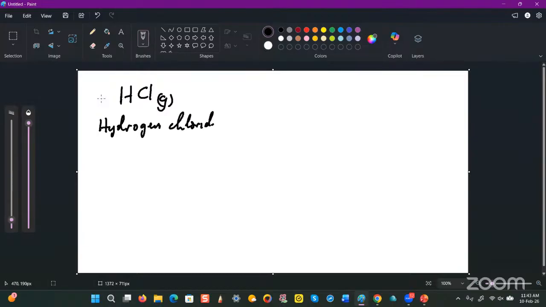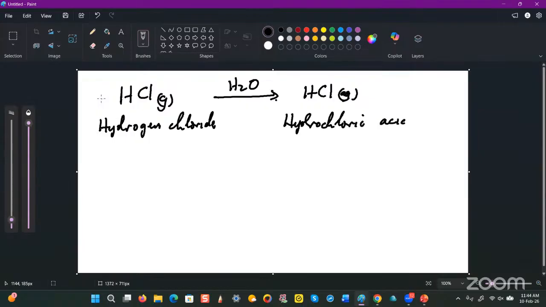Now, if you were to take this gas and dissolve it in water, you're going to get your acid solution, HCl aqueous. Now, the name of this, because it's acidic, will be different from this here. The name of this solution is hydrochloric acid, all right?